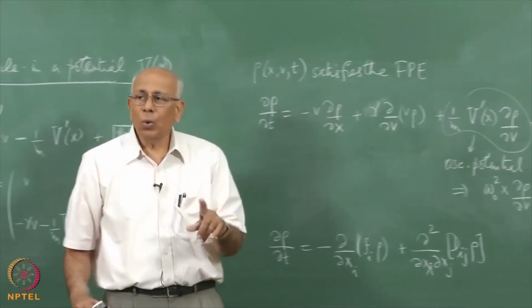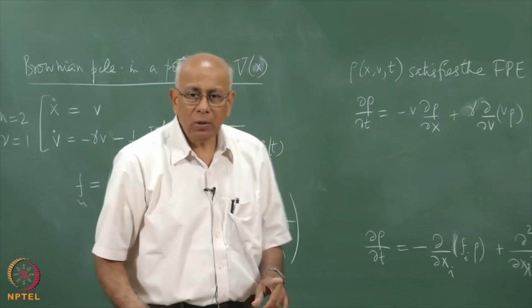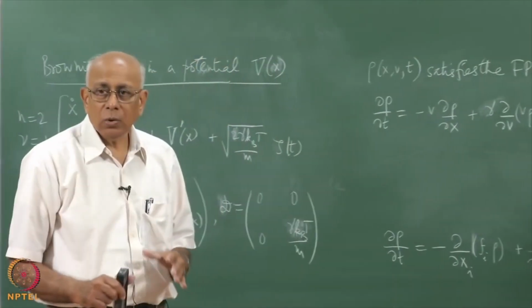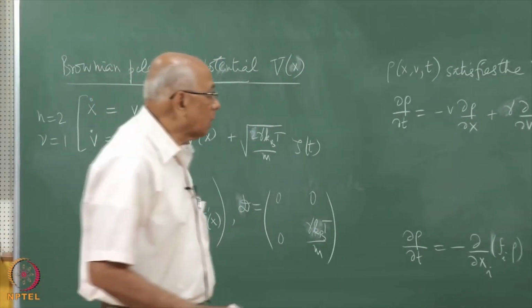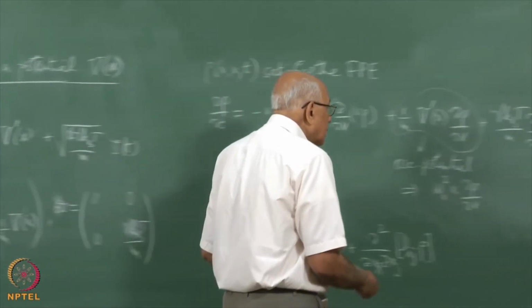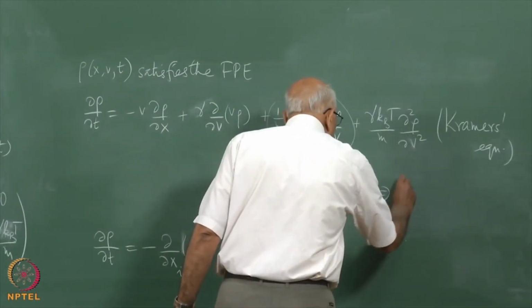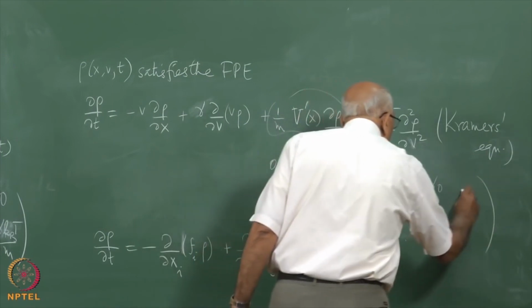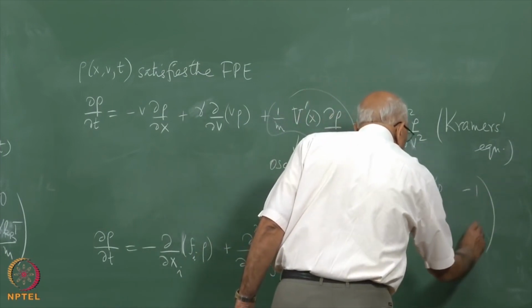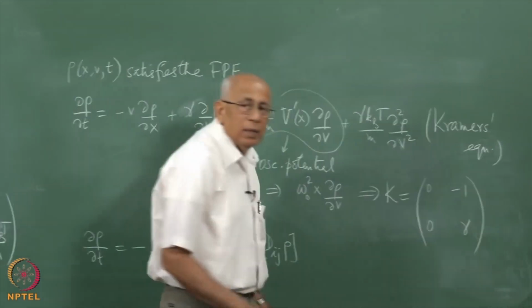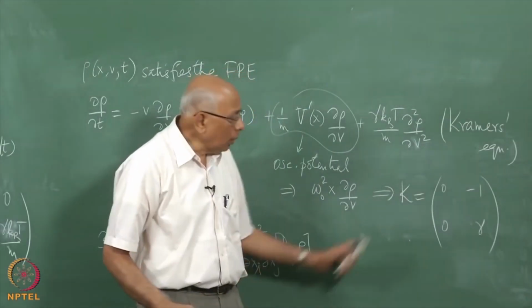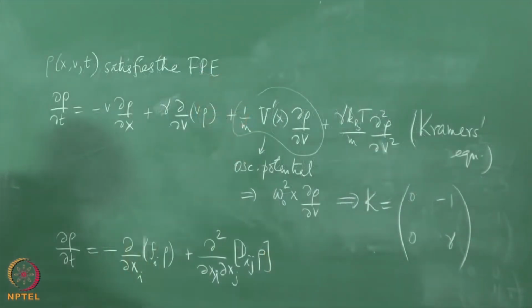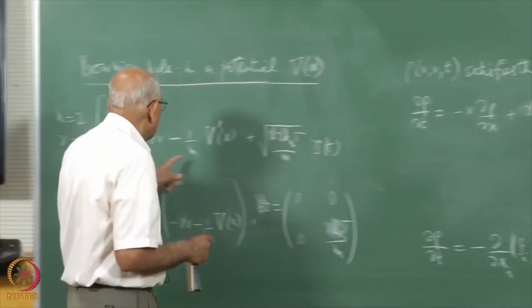It reduces to the old case, which has already been solved, but this is a little harder to solve in this case, because while the diffusion matrix remains the same, this will imply that this matrix K that we had written down, which was 0, minus 1, 0, gamma in the free particle case, what would it be in this case? Remember, there is an extra force here.